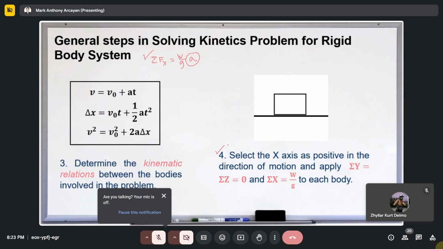Now, number four, select the x-axis as positive in the direction of motion and apply summation of forces along y and along z equal to zero.